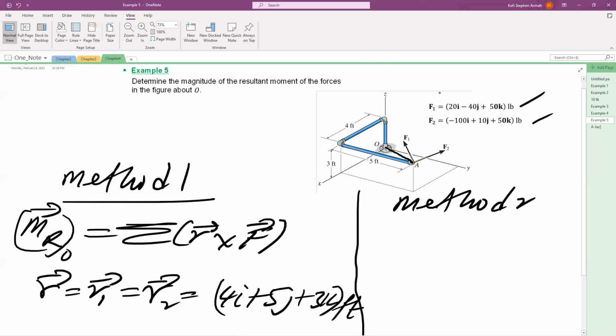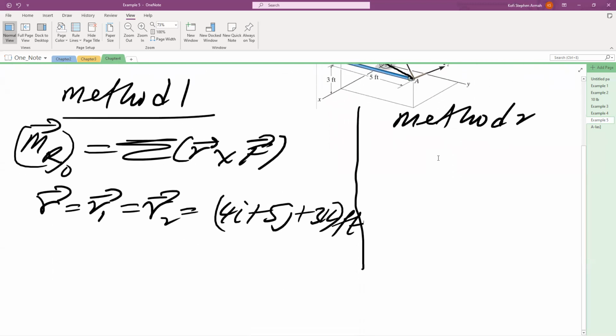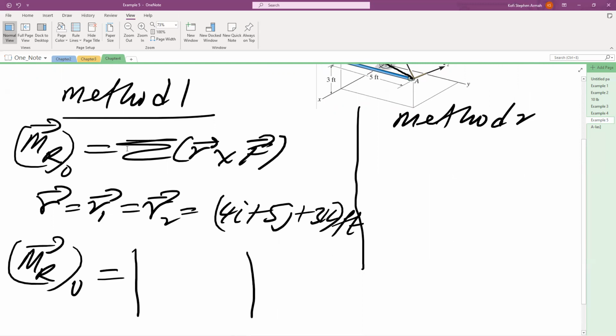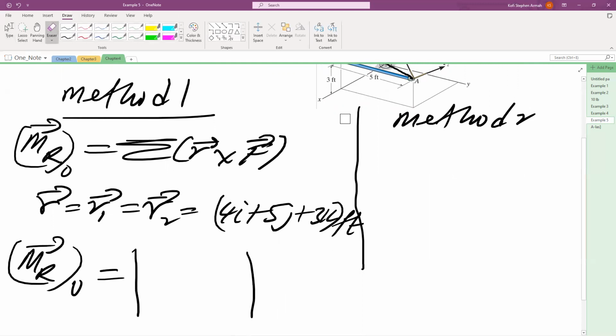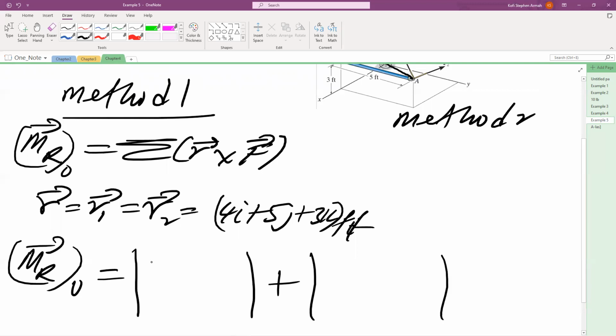So you are done. All that I need to do is that your movement, I will not do this fully. I'll let you do the evaluation. It is equal to two determinants. You're going to set two determinants: i, j, k, and i, j, k.